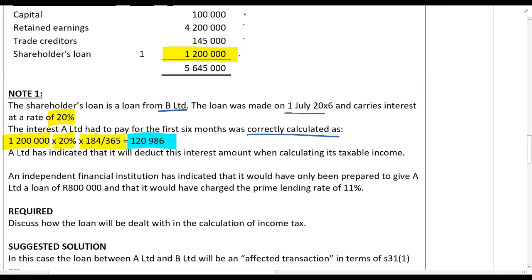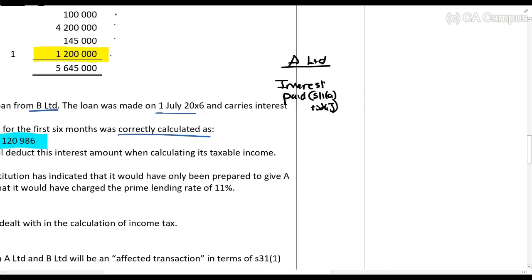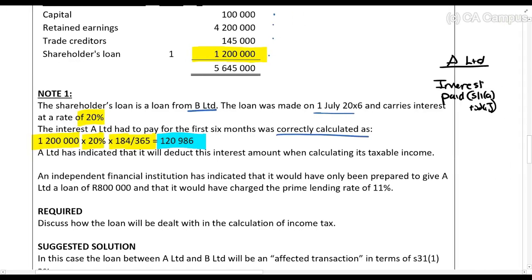I want you to understand what A Limited is going to want to do. A Limited is going to want to claim interest paid as a deduction under section 24J, and they will want to deduct 120,986.